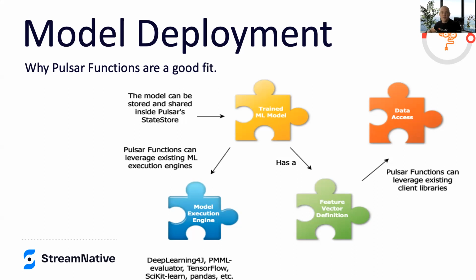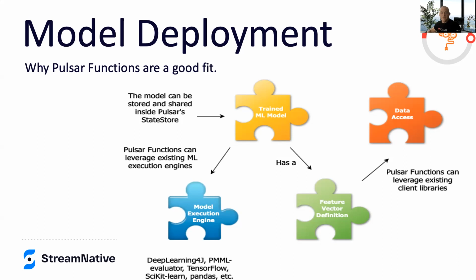Pulsar functions can also leverage existing machine learning execution libraries, right? Any sort of DeepLearning4J, any sort of PMML evaluator, TensorFlow, et cetera. It supports a variety of plugins as long as there is a Java or Python or Go client for that particular machine learning execution environment, then you can use it inside a Pulsar function.